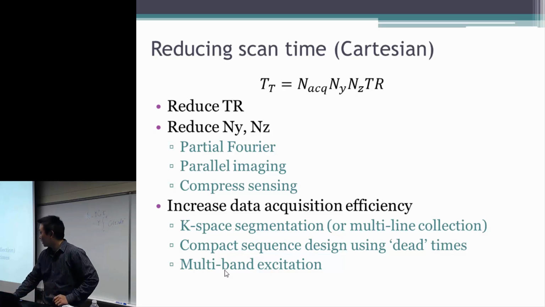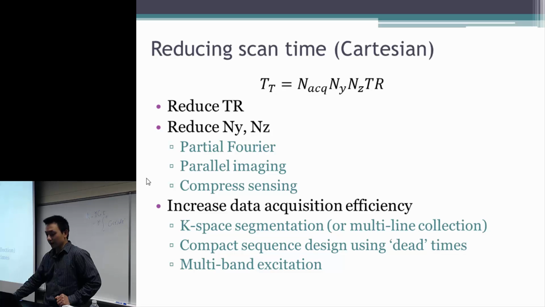The first one is K-space segmentation, as we will discuss today, or we can call it multi-line collection. The idea is that when we do excitation of the signal, we collect multiple K-space lines rather than only one line, so that the data acquisition efficiency is improved by the same number of times.